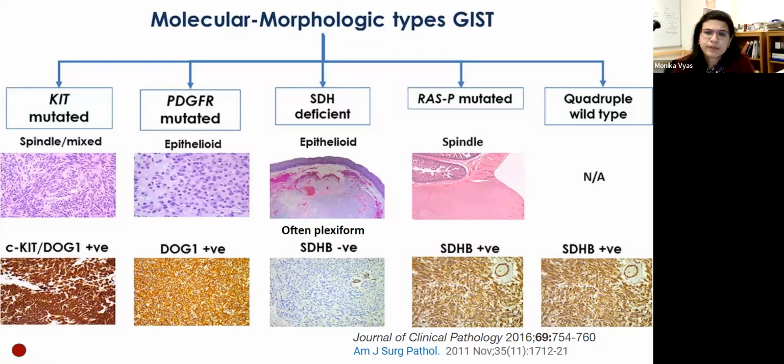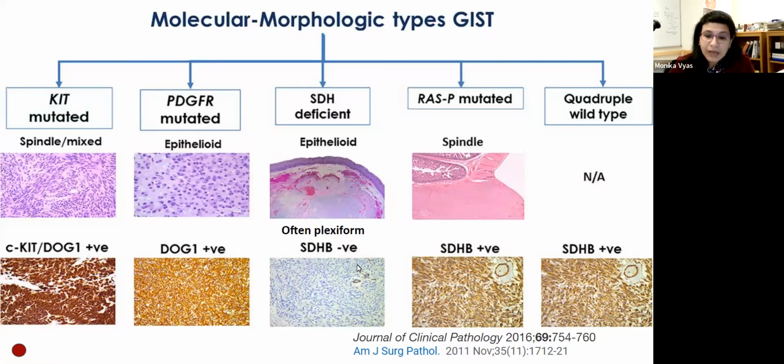And another small subset of GISTs are associated with either somatic or germline mutations in the SDH genes. So those are typically negative for succinate dehydrogenase B by immunohistochemistry. Oftentimes, these patients are in the pediatric age group or very young patients under 40 years of age.